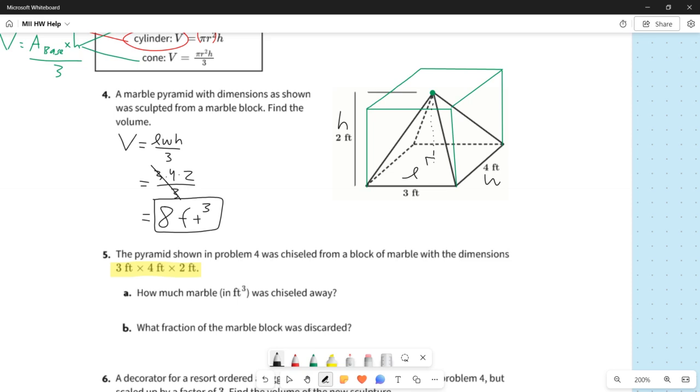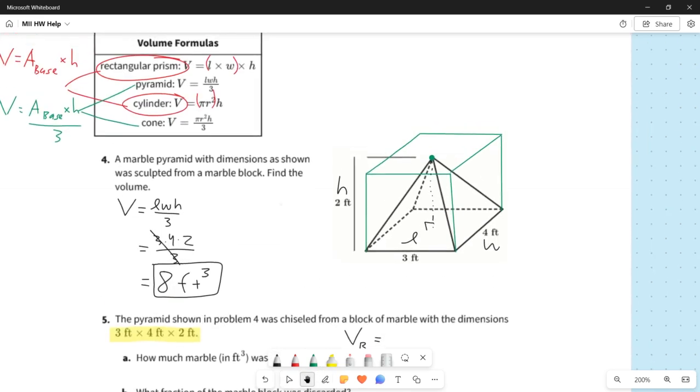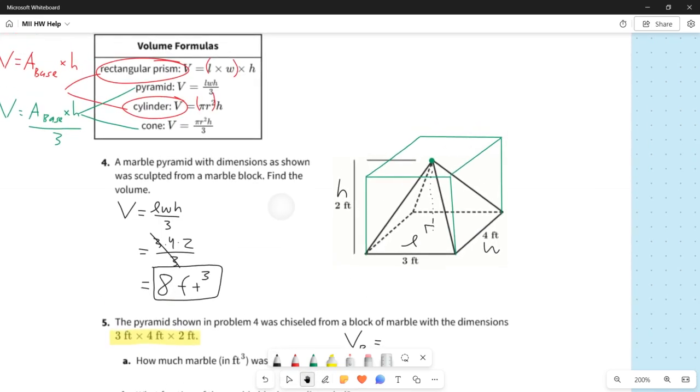So if I want to know how much was chiseled away, I can first find the volume of the block. How much marble did I start with before I chiseled anything away? We're told the dimensions were 3 by 4 by 2, and our formula for a rectangular prism is length times width times height.